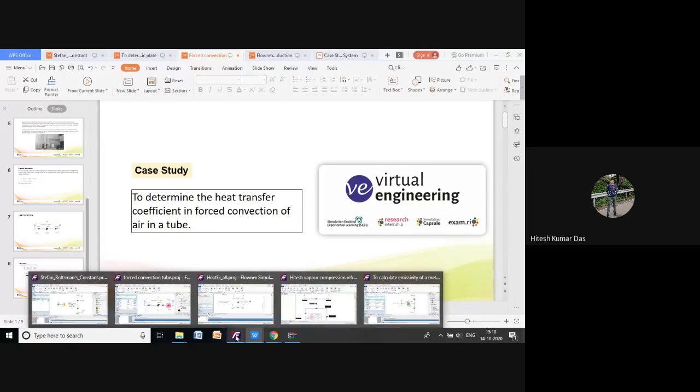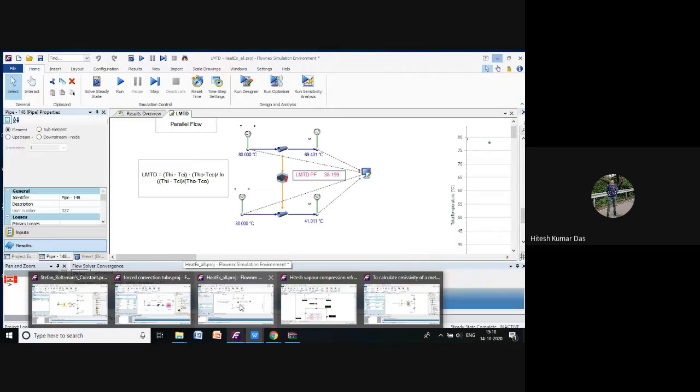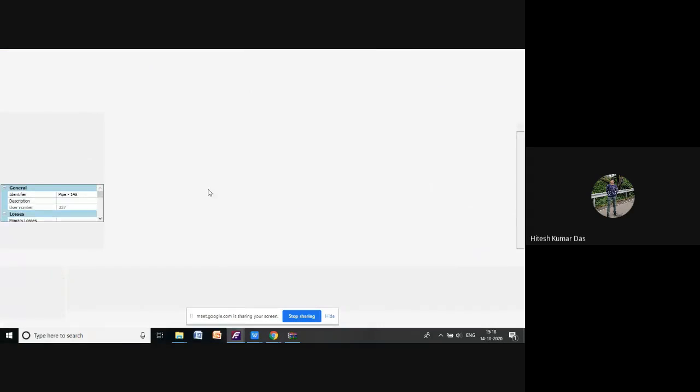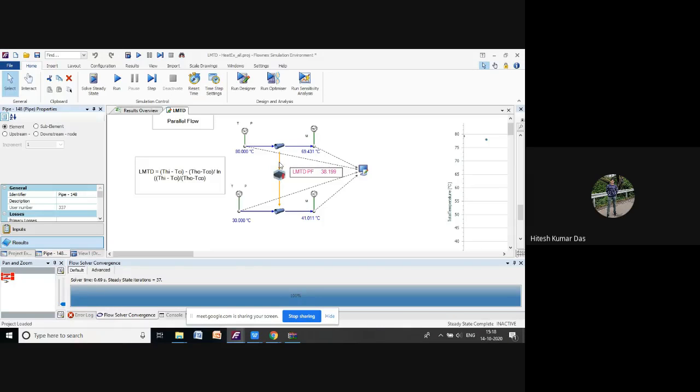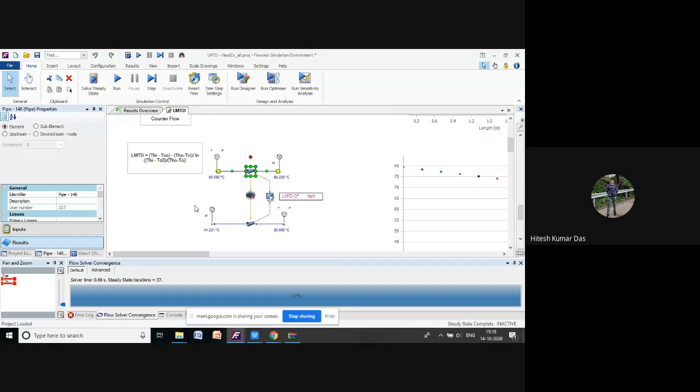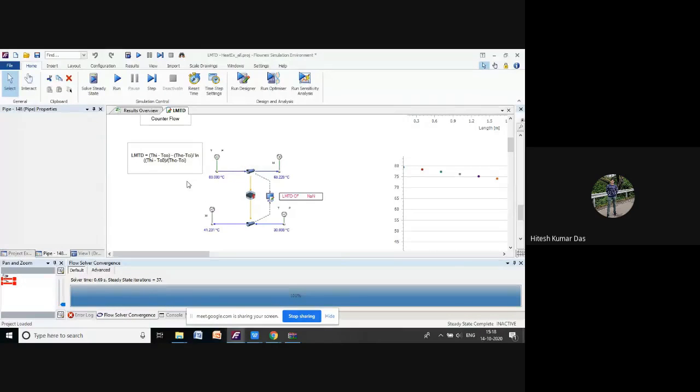Next we will go for another case study that I will show you directly in the network only, because in this problem statement we are calculating LMTD, log mean temperature difference.